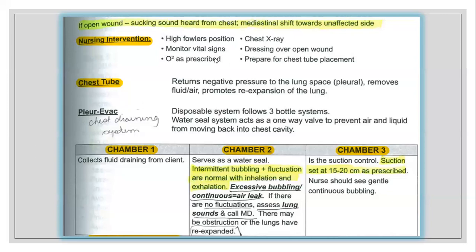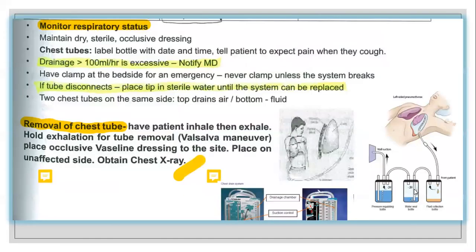We need to monitor vital signs. Oxygen is prescribed. Also, a chest X-ray is important. Dressing over the open wound. We call this area a wound because the chest tube is inserted here.